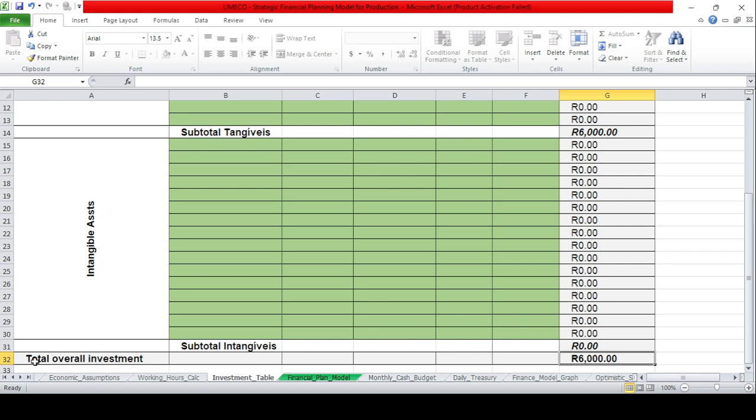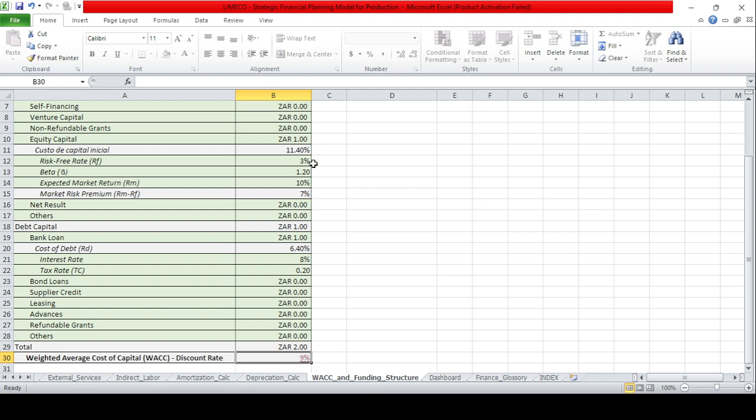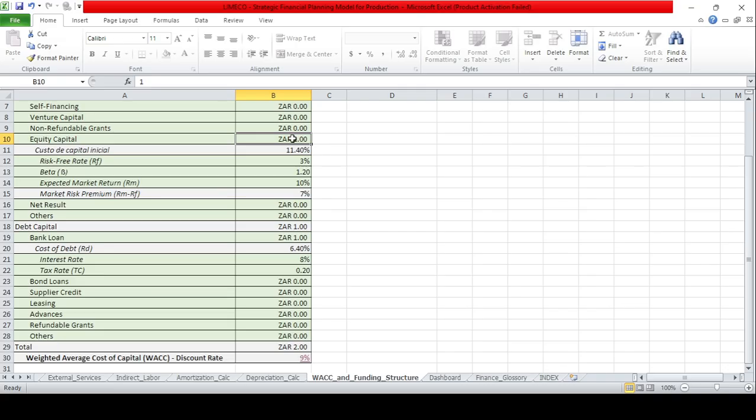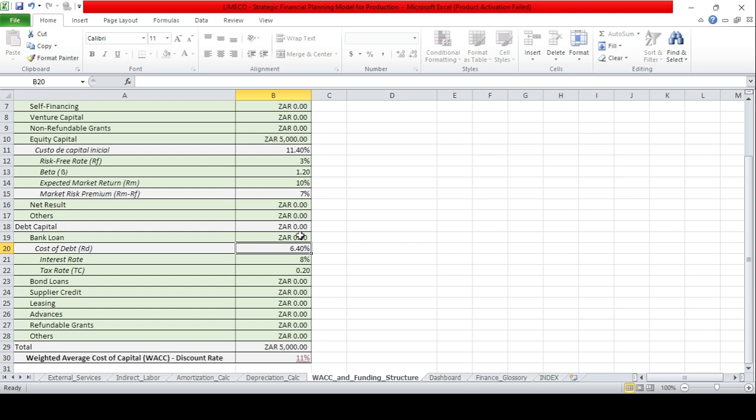So now we can go to financing sources and insert the total investment. So the total will appear here. For example, equity capital is 5,000. If there is no bank loan, the discount rate is 11%.